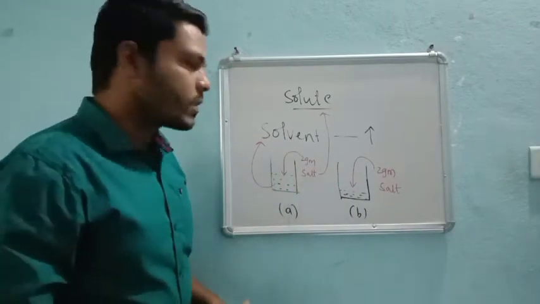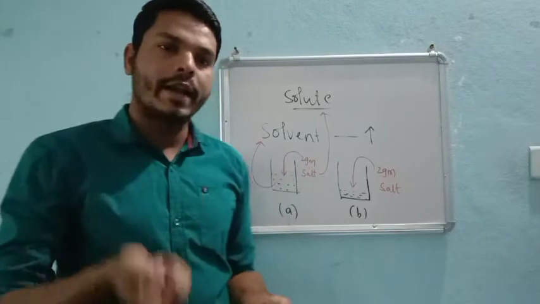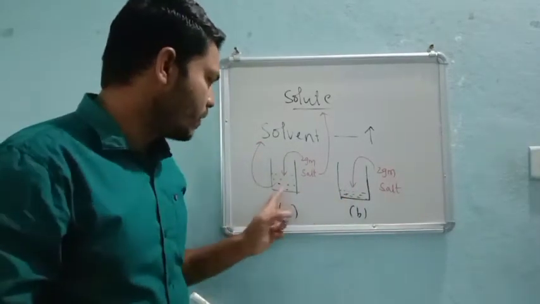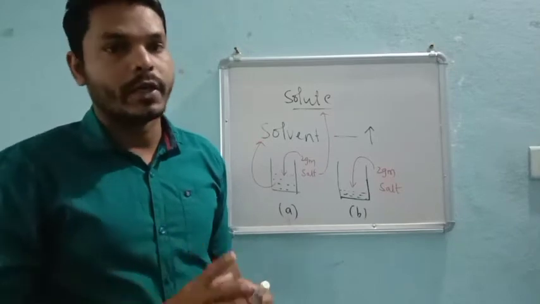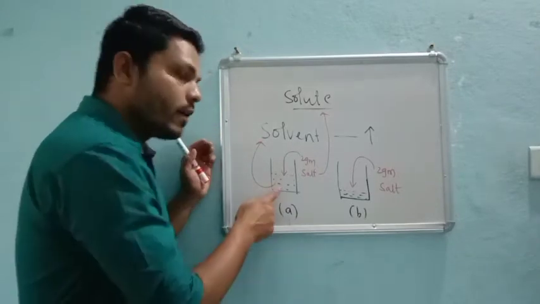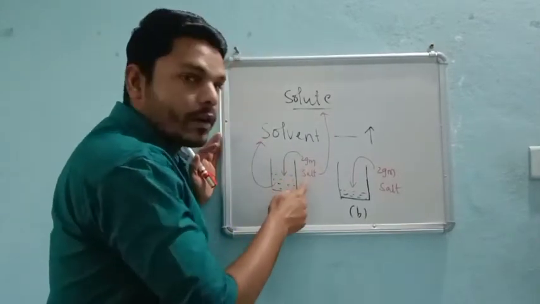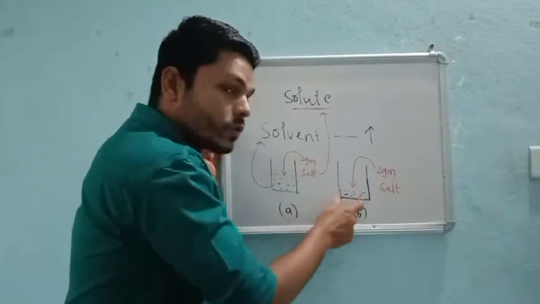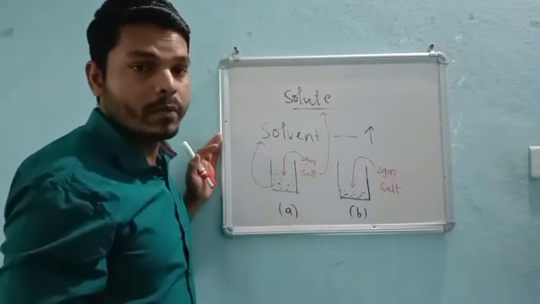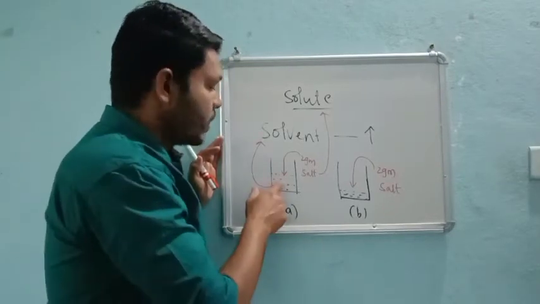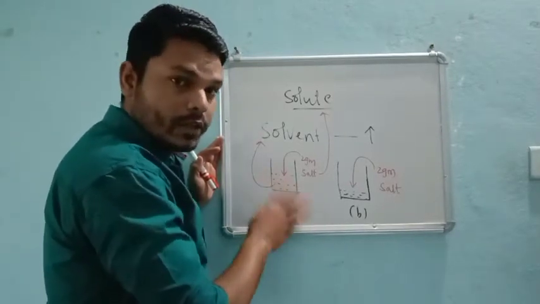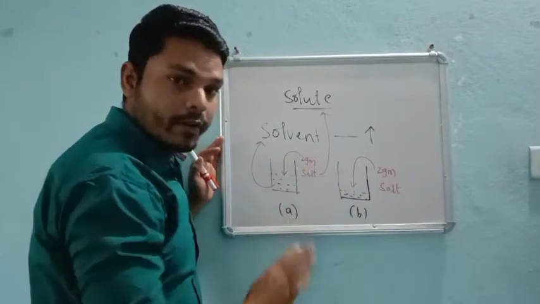Just imagine, after adding salt to both vessels, what happens? Definitely a reaction takes place. Here the salt will dissolve in the water, and here also the salt will dissolve. No problem, you can carry out this reaction at home. Here also solubility will take place.